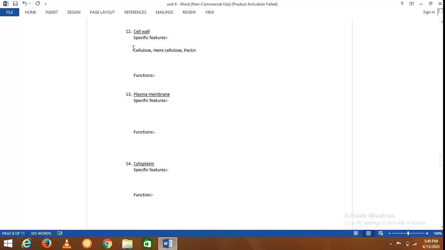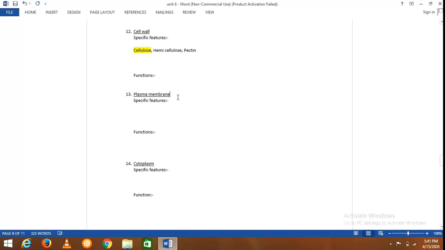And remember, cellulose is the main component in the cell wall. The main function of the cell wall is to maintain the shape of the cell and it provides support as well as protection to a plant cell. So remember, this is available only in plant cells.